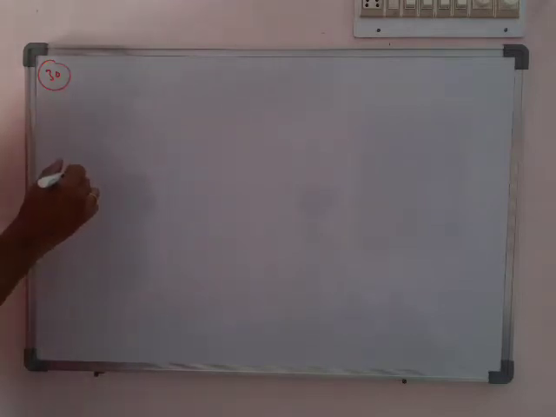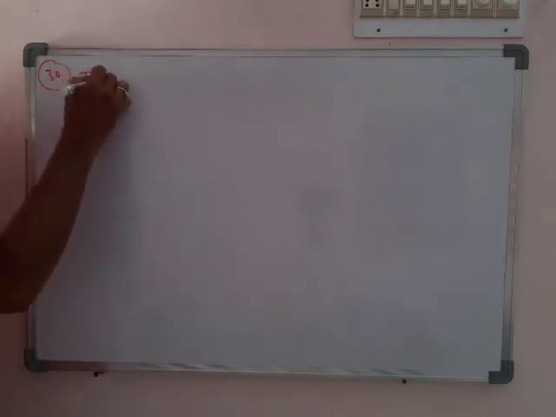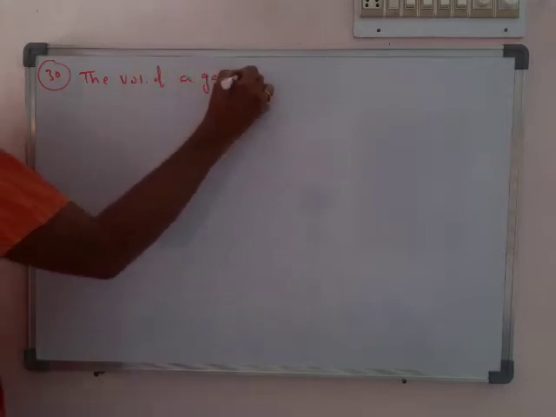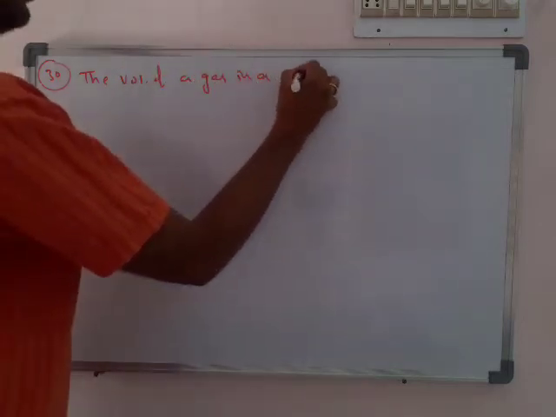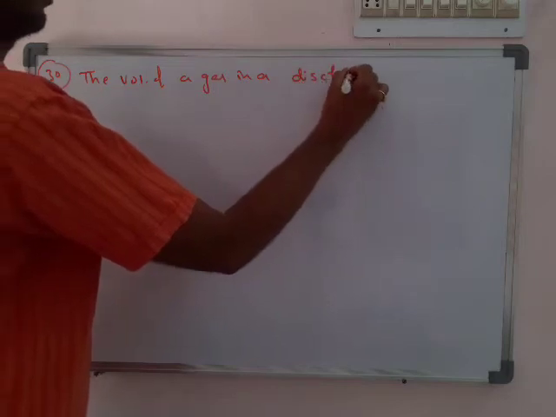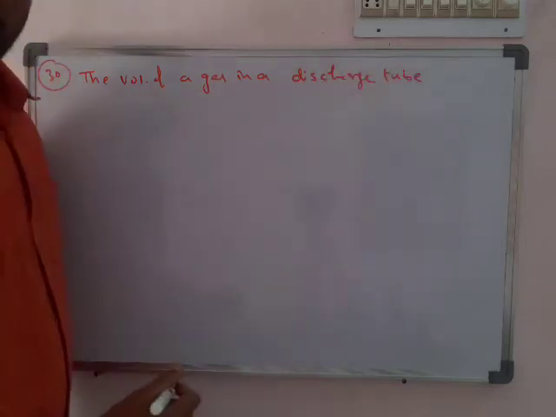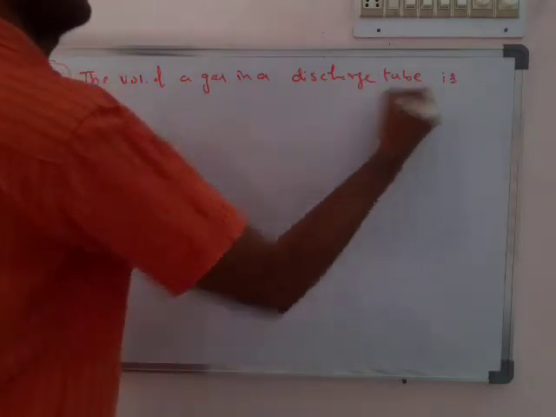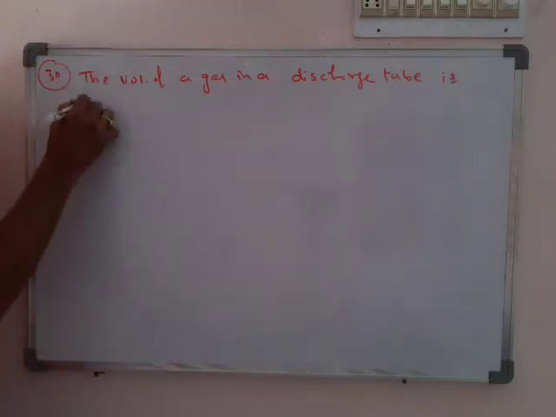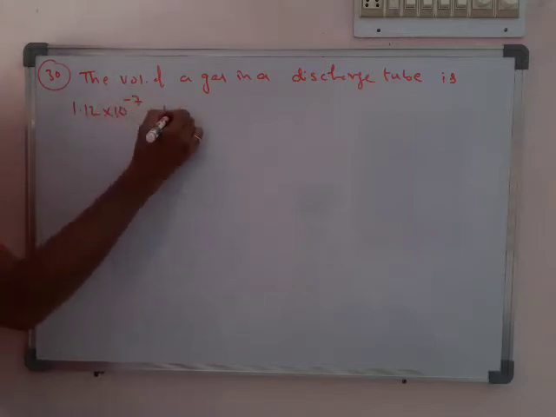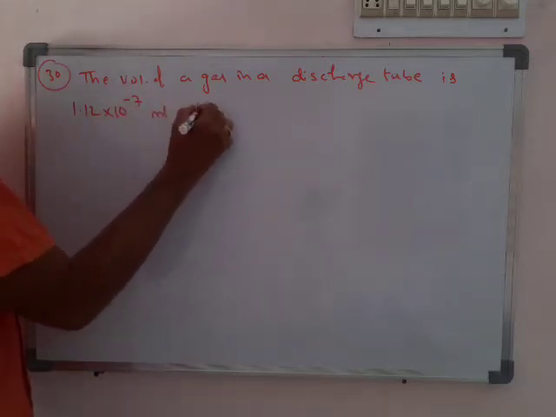See question number 30. The volume of a gas in a discharge tube is 1.12 into 10 to the power of minus 7 milliliter at STP.